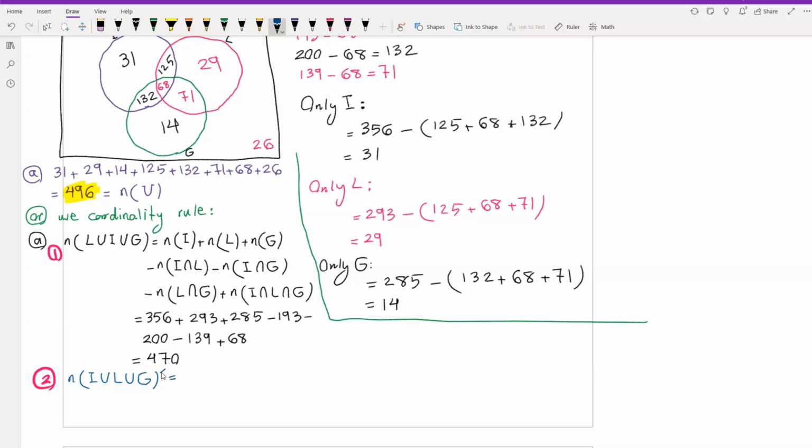So that is equal to what we have in universal set minus what we did in step 1. So here it doesn't matter if you write I, L first, or L, I first, because these are the same.